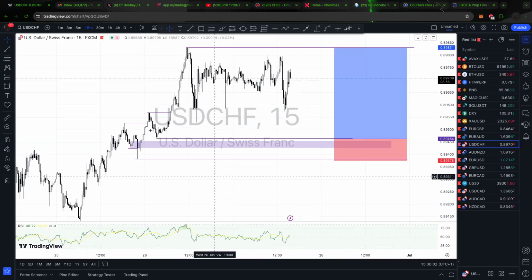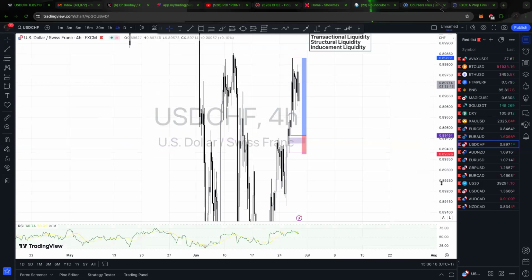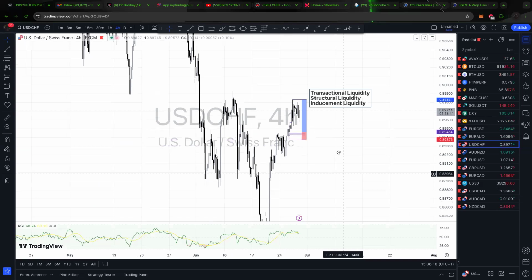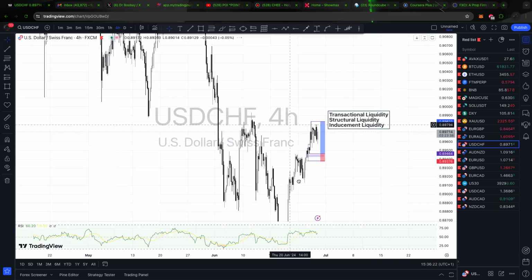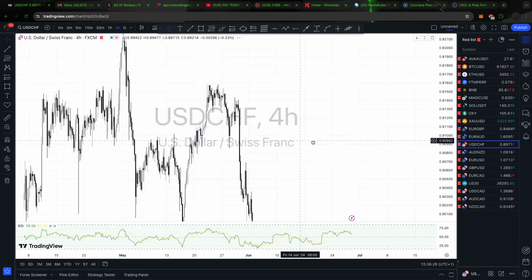So I always advise, if there's no structural liquidity, leave that trade, except you have a lot of pips to spare. All right. Let us just check the 4-hour time frame of USD-CHF. Let's look for structural liquidity that was taken out and price still went our way, right?